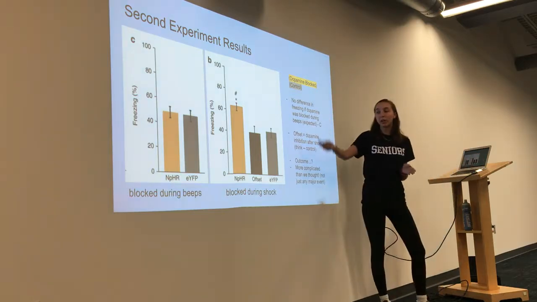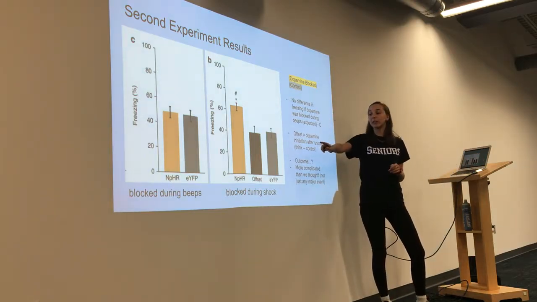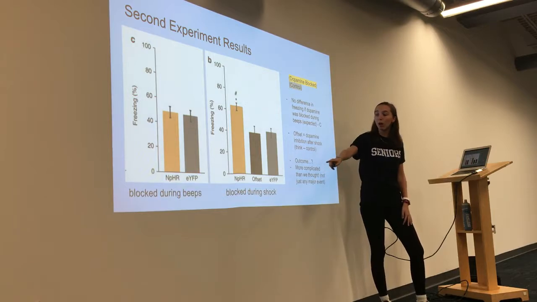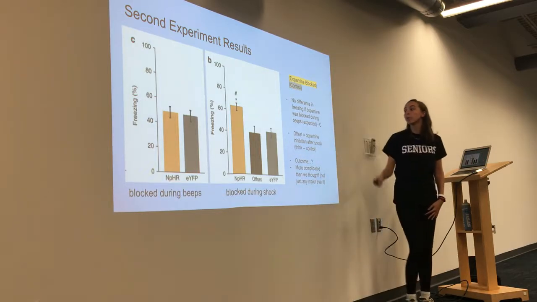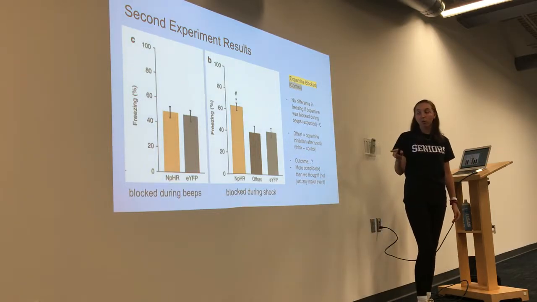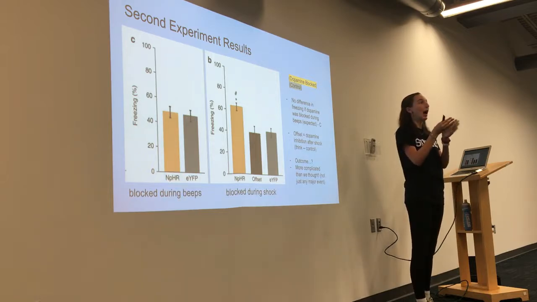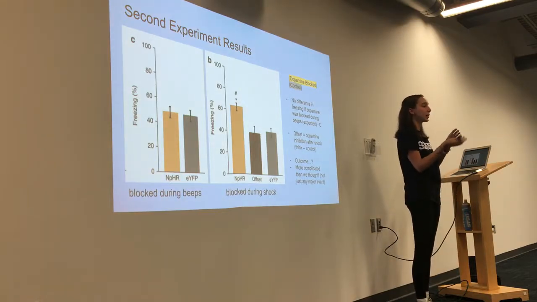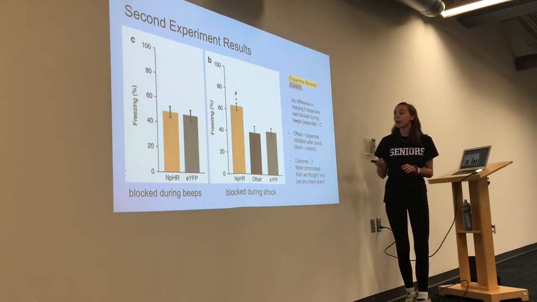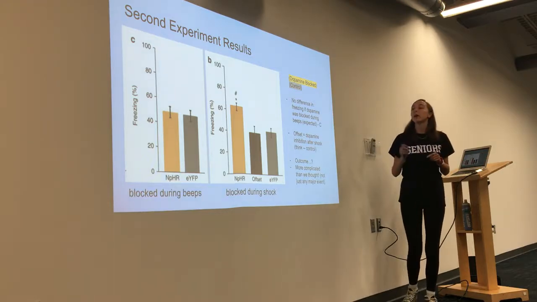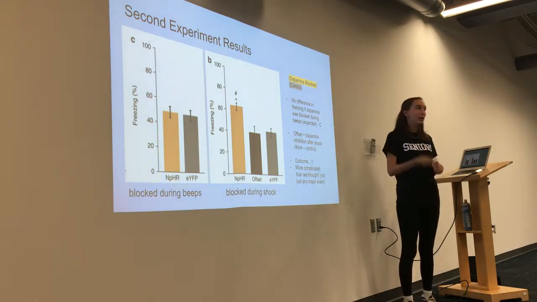However, look at figure B. There is a significant difference between the group of mice that had dopamine blocked and those 2 control groups, which means that dopamine does play a role in the adverse effect the first time they see it, so when they're creating fear.